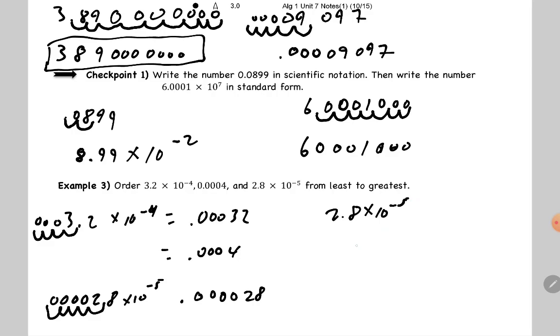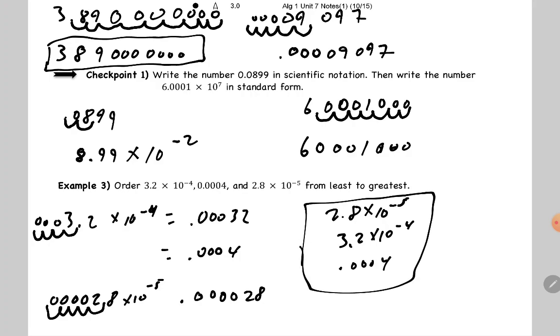And the next one is going to be 3.2 times 10 to the negative 4th, because 0.0003 is smaller than 0.0004. And then we have 0.0004. So 0.0004 is the largest out of these three.